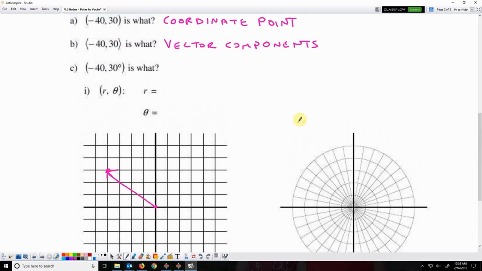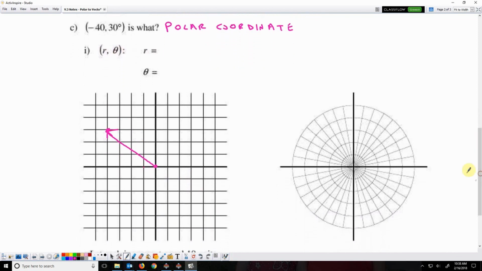Now when I go back to regular parentheses, but I've got negative 40 and then 30 degrees, that is a polar coordinate. Okay, and that is in the form r theta. Now when you graph polar coordinates, it's on a graph like this.